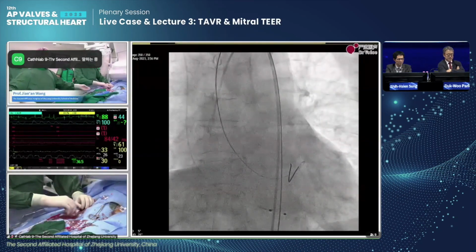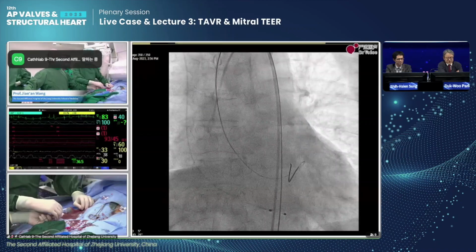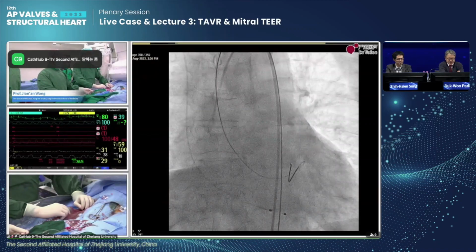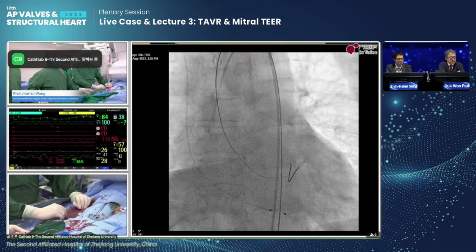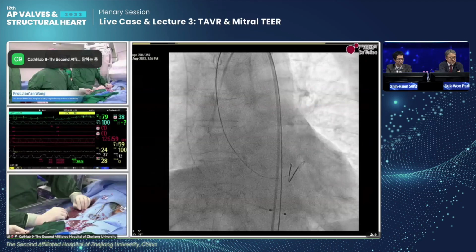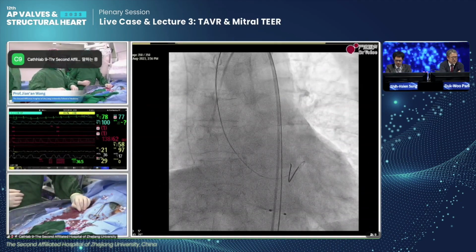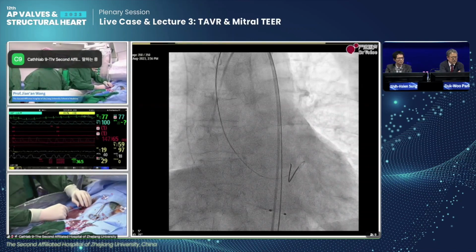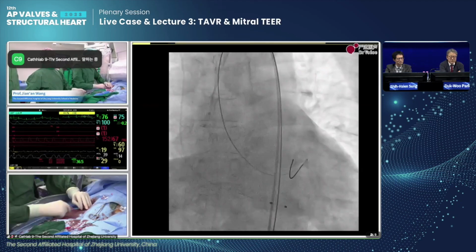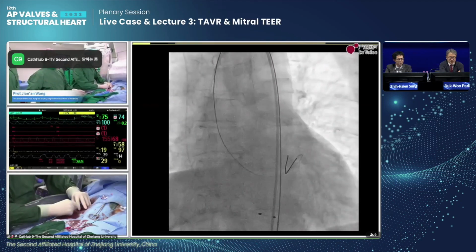We are going to put the pigtail again until the blood pressure recovers. Because we need to be careful of the collapse of hemodynamics, as the left ventricular chamber is very small, the valve is very severely tight, and the orifice is very small.